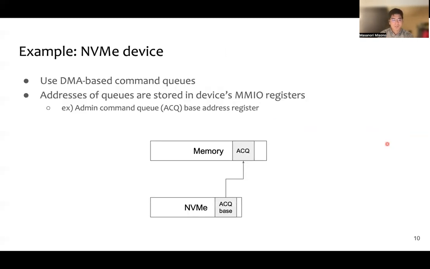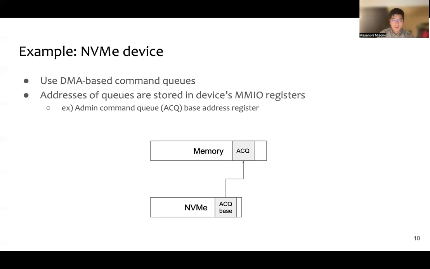As a specific example, I explain how to identify the NVMe device DMA area. NVMe is the next generation communication standard. NVMe devices use several DMA-based command queues as control plane. One of the main command queues is the admin completion queue, ACQ for short.